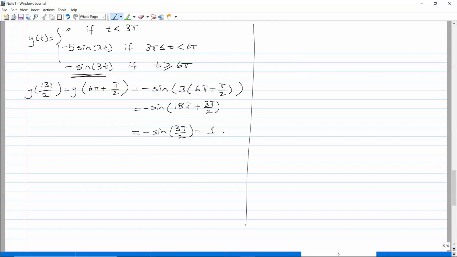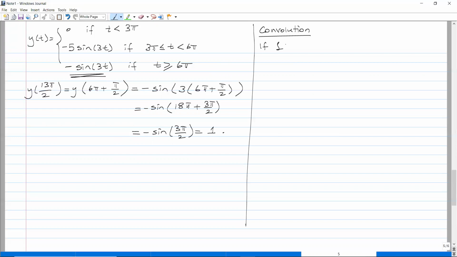Okay, now to finish off this Laplace transform business, we have one more topic to consider. It is the convolution. Now, the idea of convolution comes from this.